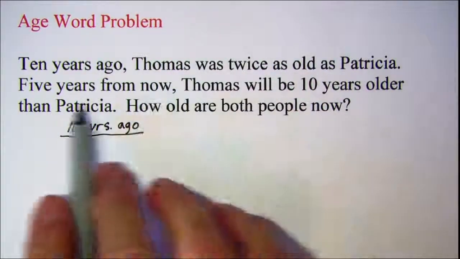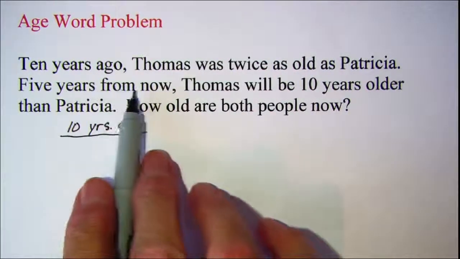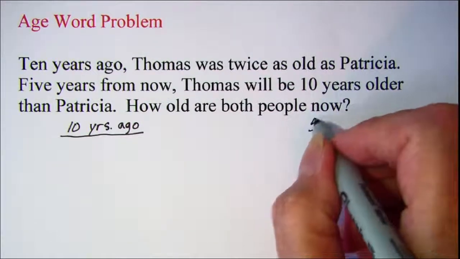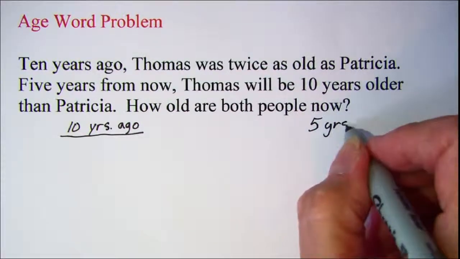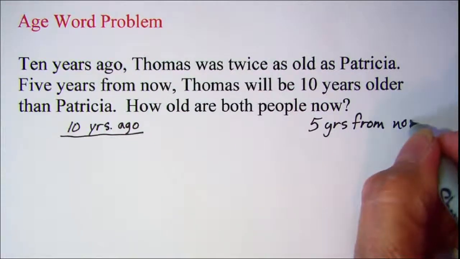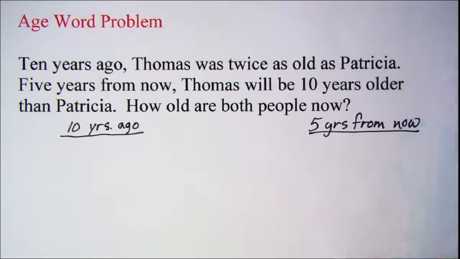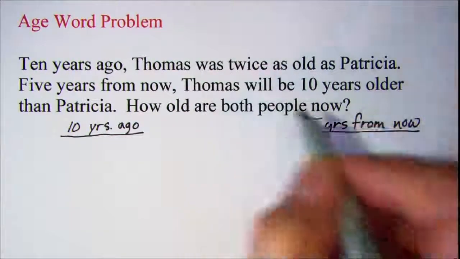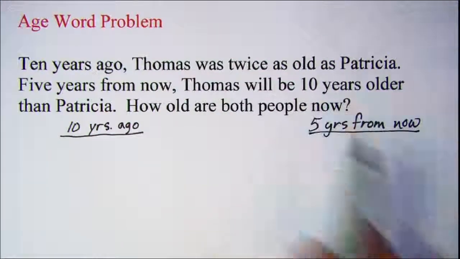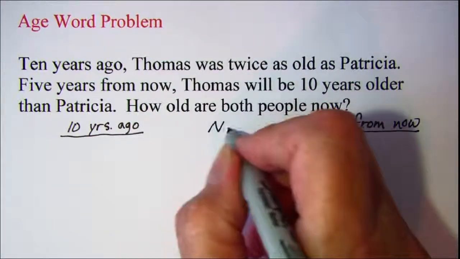And then I'm dealing with 5 years from now, so I'm going to move that over a little bit and put a column 5 years from now. And then I'm going to have a column for how old are both people now. So I'm going to have a column for now.